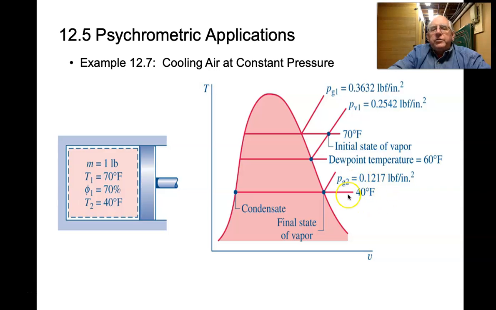And at 40 degrees Fahrenheit, the steam tables tell you that the saturation pressure is 0.1217. And so the final state, state 2, would be this particular point for the moist air component, and then any condensate that is there as a liquid would be at 40 degrees Fahrenheit at that particular condition.